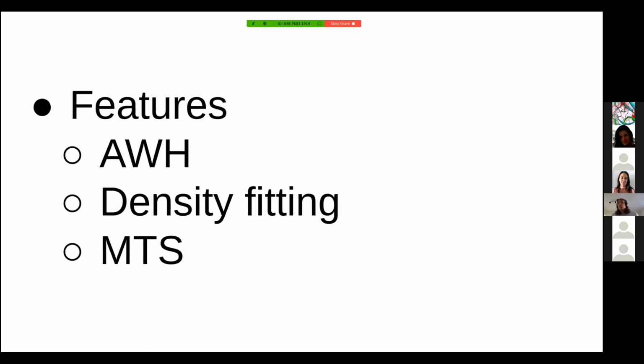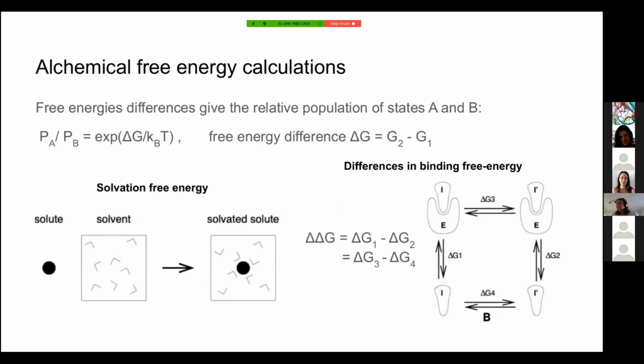All right, so one thing that is a relatively new feature in GROMACS is using accelerated weight histograms to do alchemical free energy calculations. What do we mean by an alchemical free energy calculation? It's like alchemy from the Middle Ages and early modern period, trying to turn one substance into another.